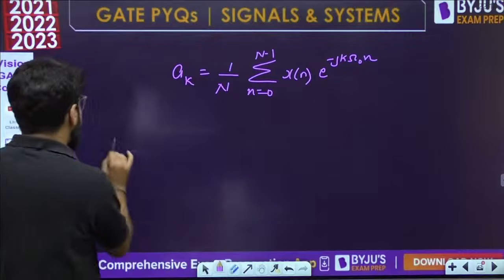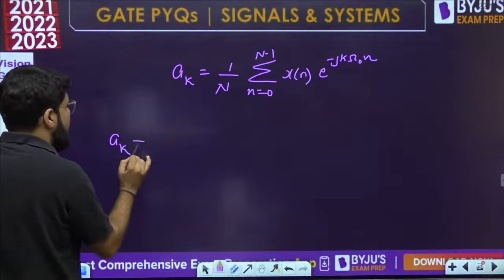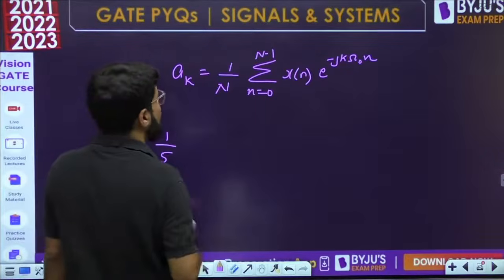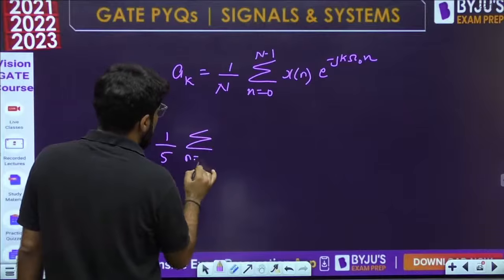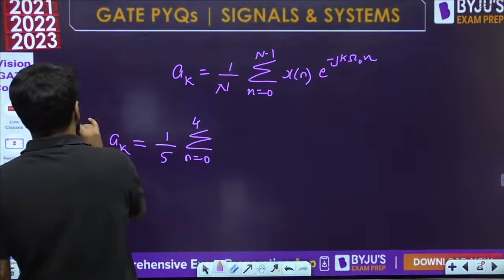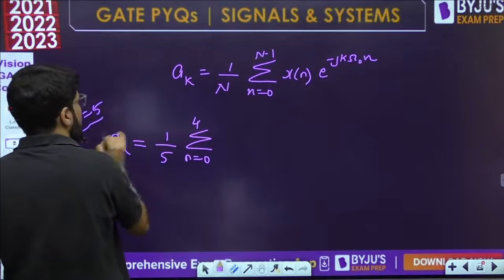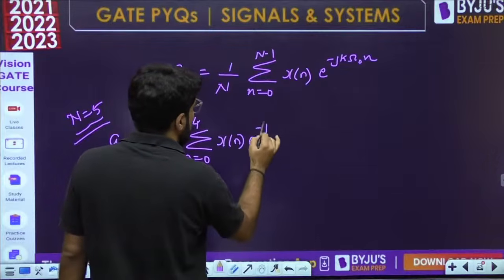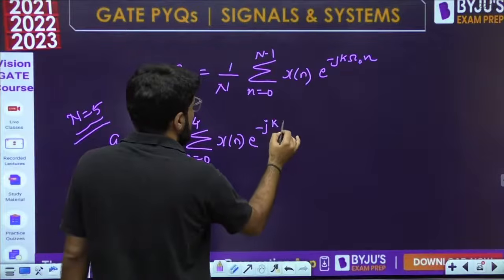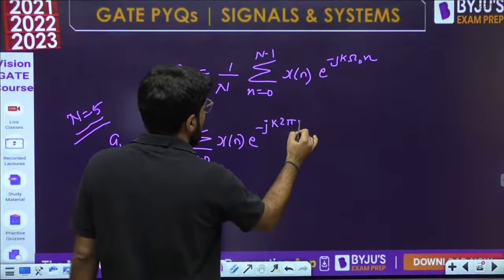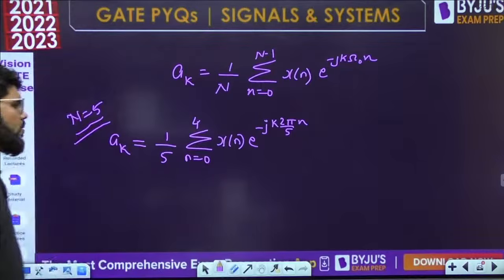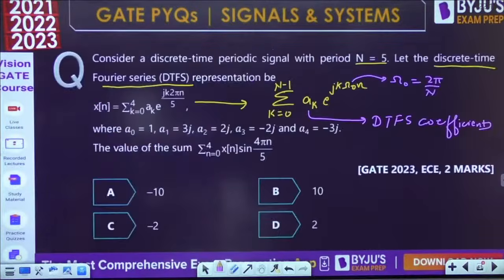So here a_k will become 1 upon 5 summation n equal to 0 to 4, because the value of N is 5, of x[n] e raised to the power minus jk 2 pi by 5 into n. That should be the Fourier series coefficient formula.